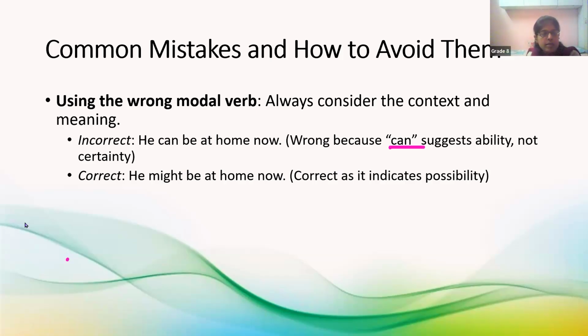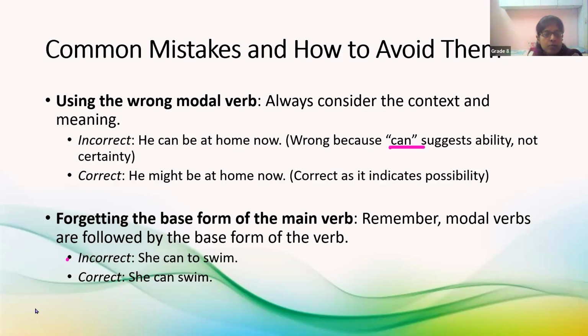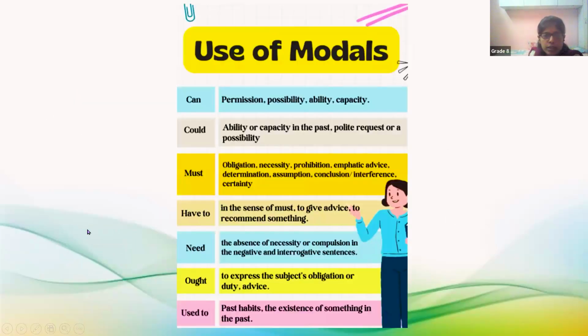That's one. Second, sometimes students say, she can to swim. So children sometimes put another verb after the modal verb. This doesn't happen, but this happens very frequently. Can suggests ability and not certainty or anything else. Keep that in mind.